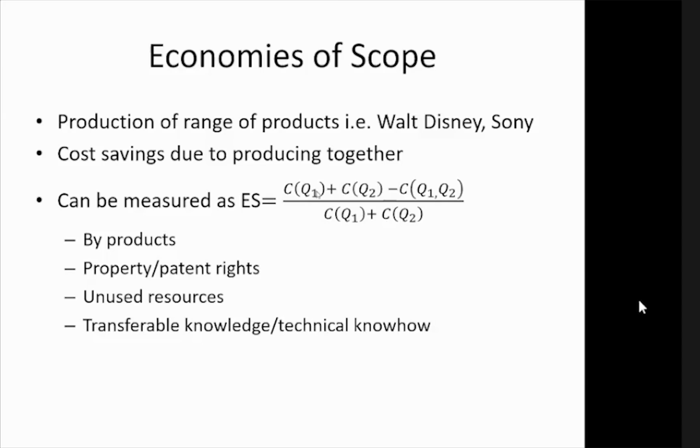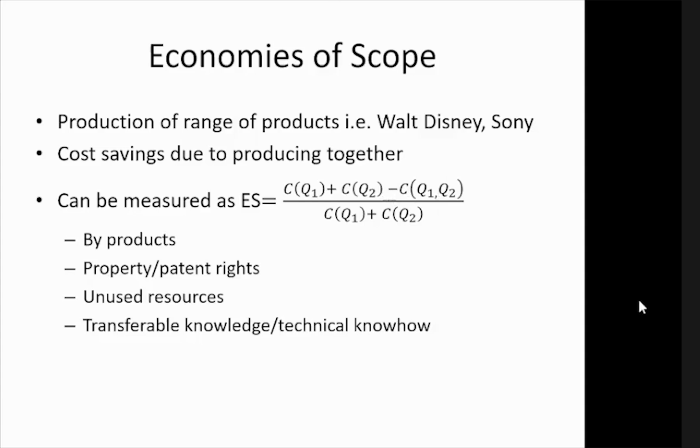Here what happens, if we are producing together, there will be individual cost. Let's say this Q1 is the product 1. So the cost of product 1 plus the cost of product 2. These two together will generate the total cost to the firm. And there are certain costs that we bear together. Like if you take Disney, marketing its characters.